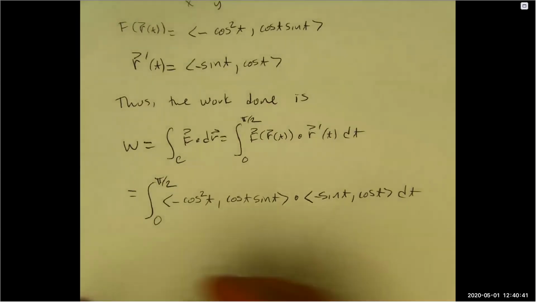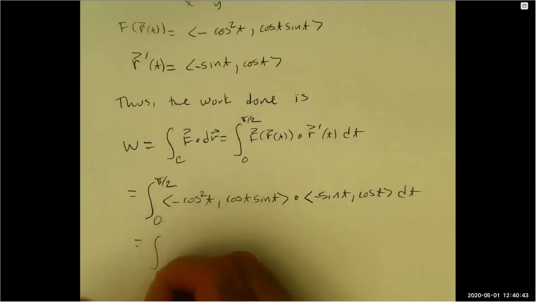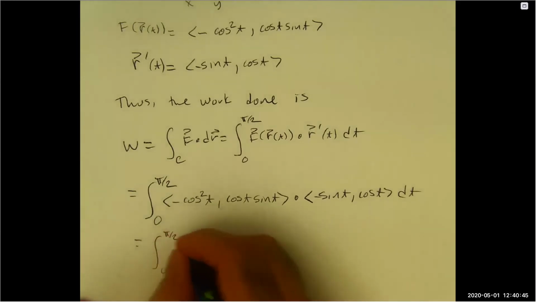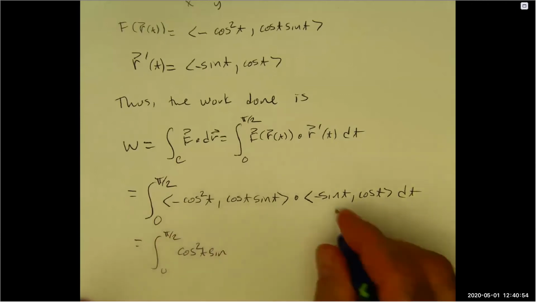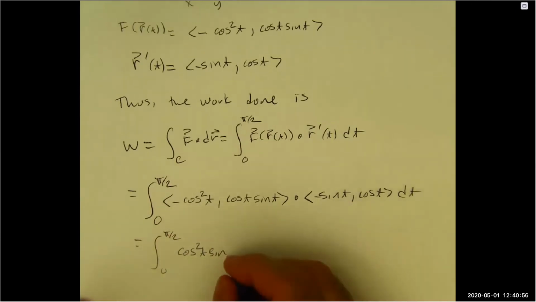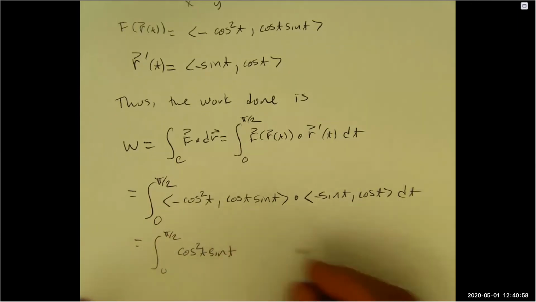And so when we do this, we're going to end up with the integral from 0 to pi over 2 of cosine squared sine of t, and then here we're going to have another cosine squared of t sine t.